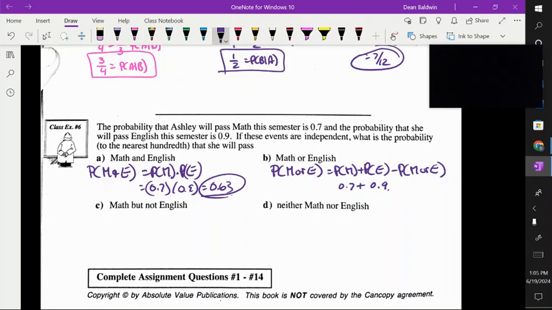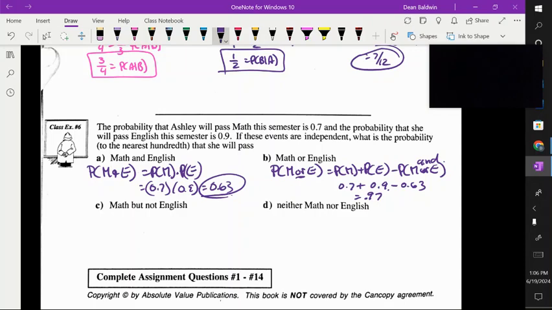So you have to take away the overlap, which is the 'and'. So there's a 97% chance she passes one or the other. That's good, but which one do you need to say? Well, you need English. So she should really be hedging her bets.